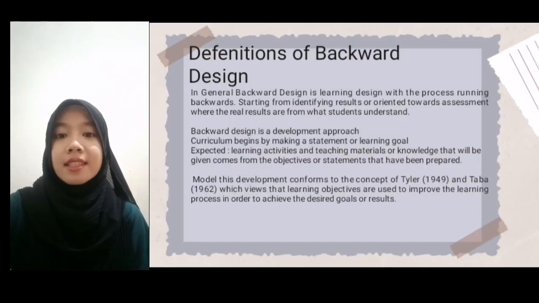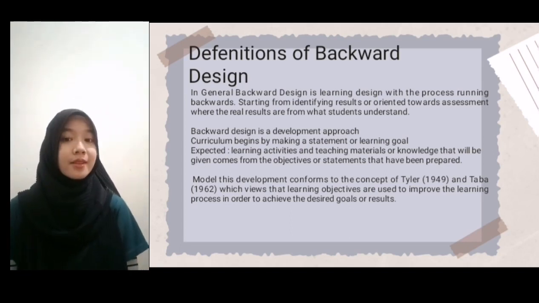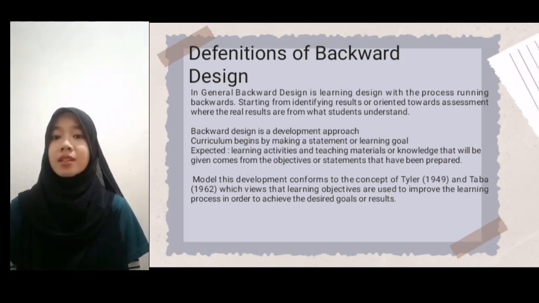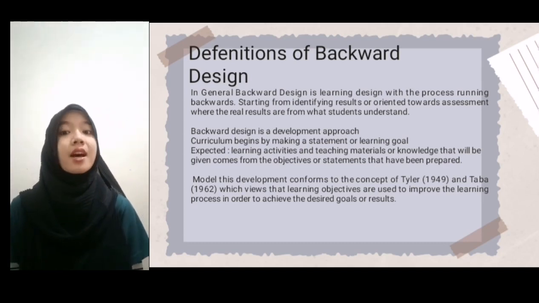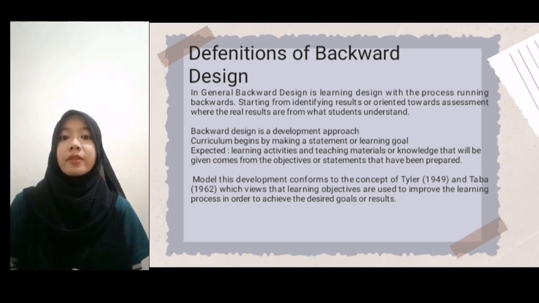Let's see the definition. In general, backward design is learning design with the process running backwards, starting from identifying results or oriented towards assessment, where the real results are from what students understand. Backward design is a curriculum development approach that begins by making a statement of the expected learning goal.